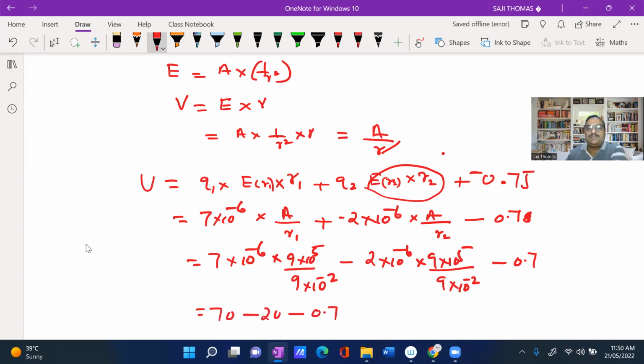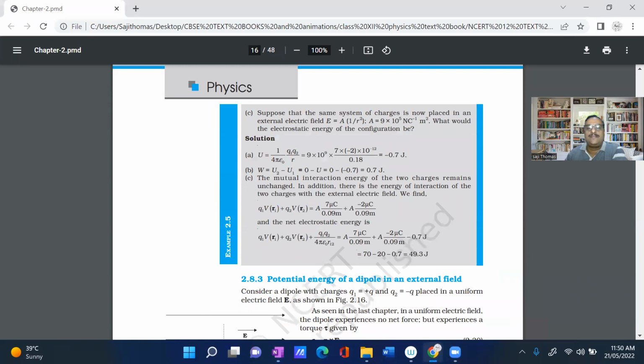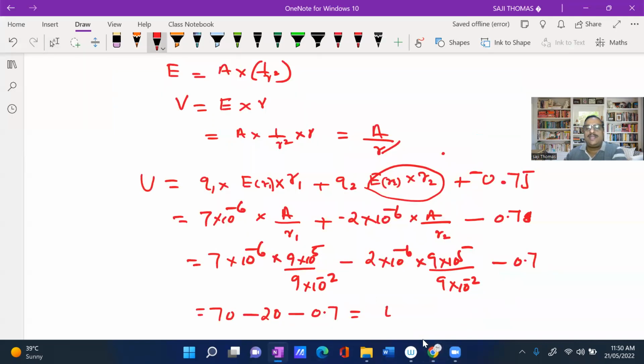Third term is minus 0.7. So the answer will be 49.3 joule. So this is how we calculate the potential energy of a system of two point charges in an external field.